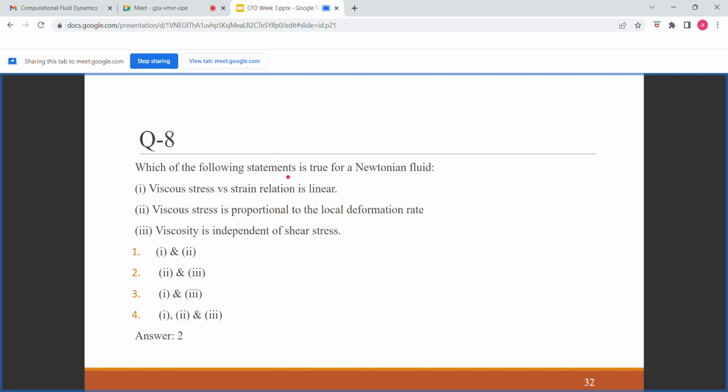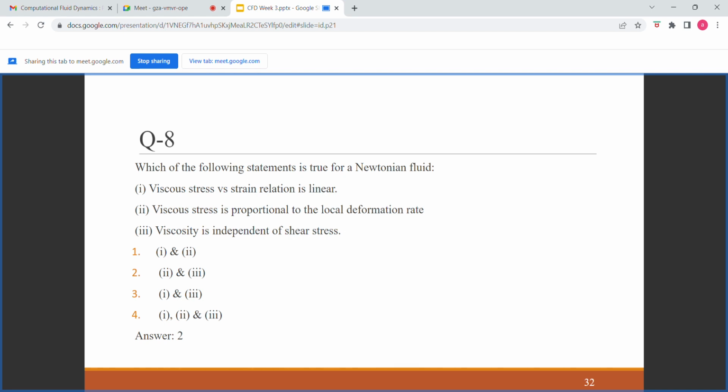In a Newtonian fluid, we all know its viscosity to be constant, and the general definition is that the viscous stresses are linearly correlated to the local strain rate. That is, the stress is directly proportional to the rate at which the fluid deforms with respect to time. We can define a Newtonian fluid as one which obeys Newton's law of viscosity, which states that the stress is directly proportional to the strain rate.